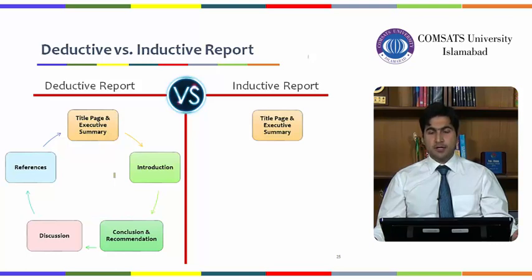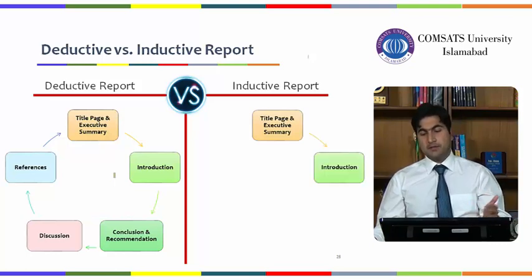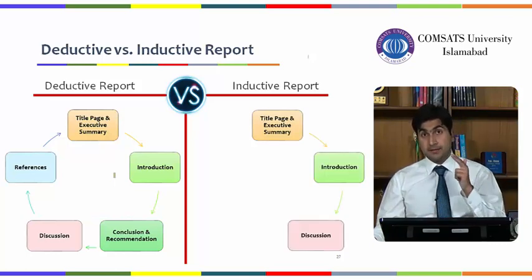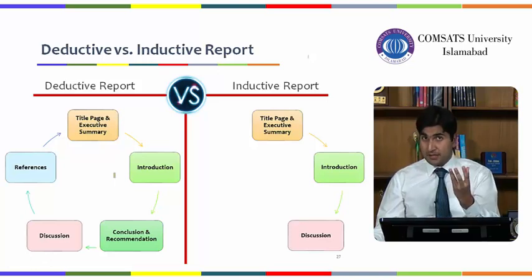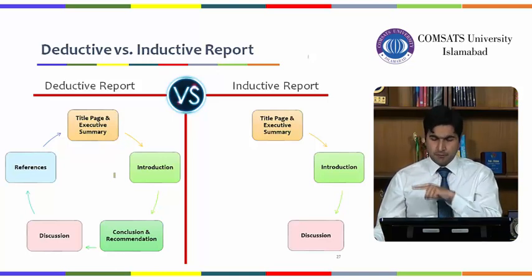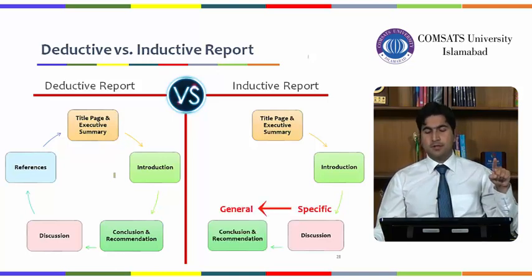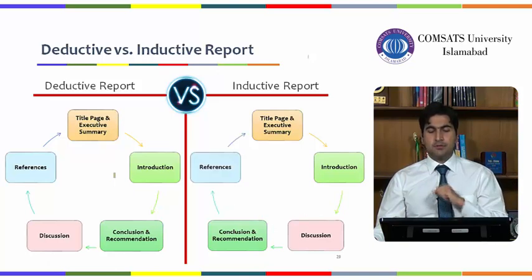Whereas in case of your inductive report, title page, introduction, and within the introduction, specific information, which means now you have to defend yourself. Facts and figures, detailed discussion, on the basis of which specific to general, conclusion and recommendation.